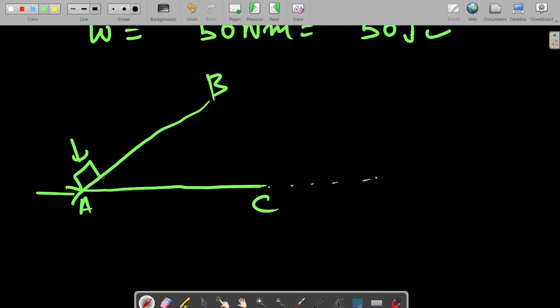Now this time displacement is making an angle of theta, that is equal to 60 degree, as you have been given in the problem.